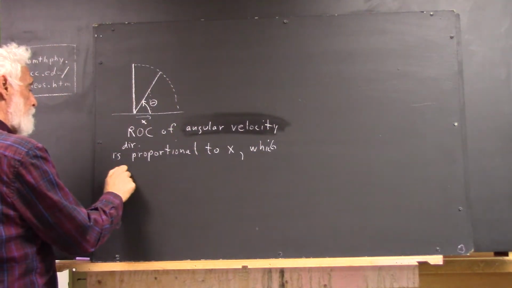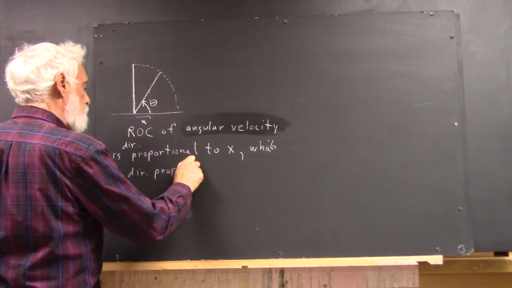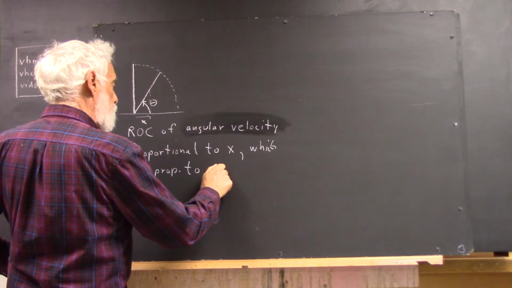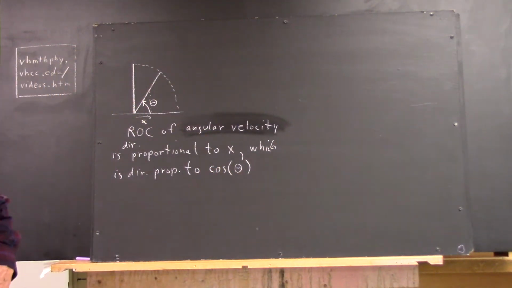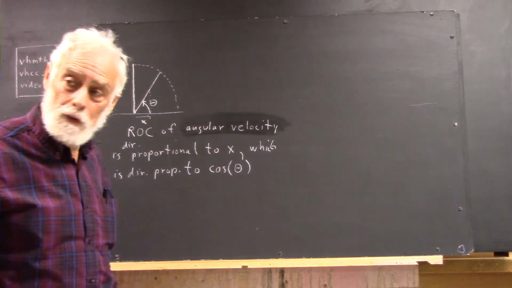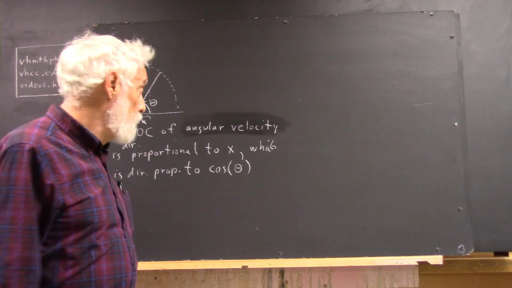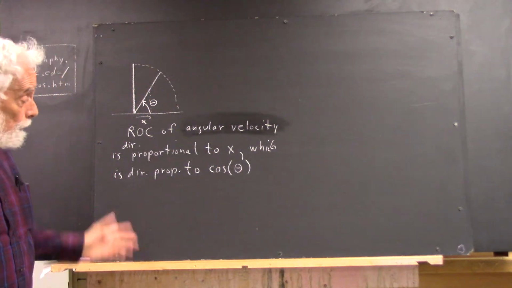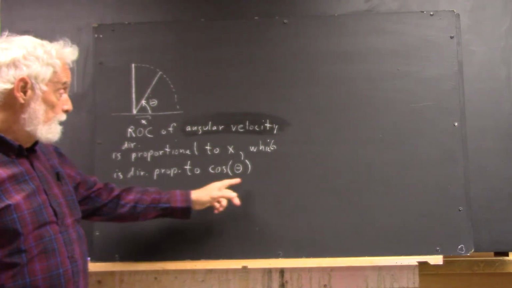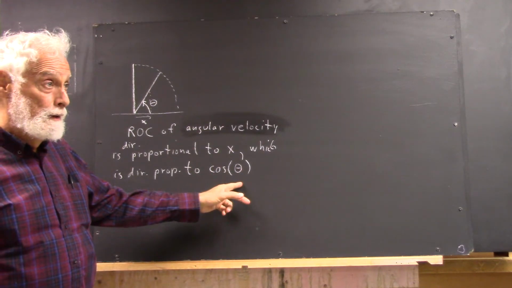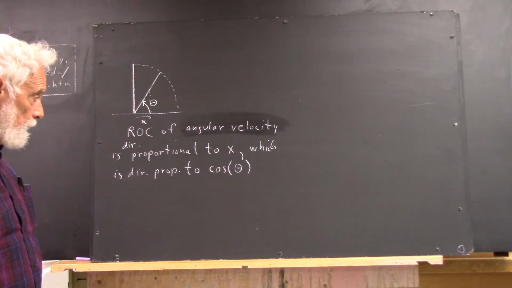Which is directly proportional to the cosine of theta. Now, I don't assume that you know any tricks. Some of you know some because you saw some in geometry and so forth. But we're not going to develop the trigonometry, but it's very straightforward trigonometry to understand that this distance is proportional to the cosine of theta just by the definition of the cosine.